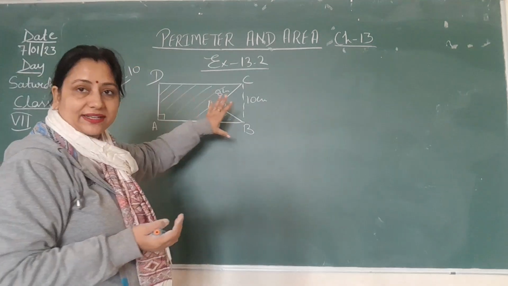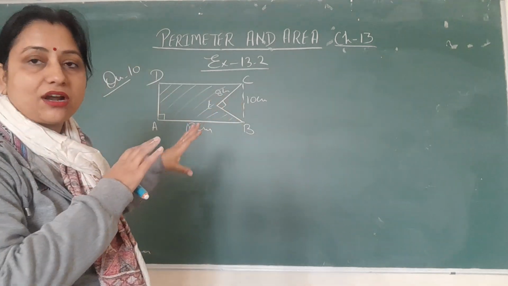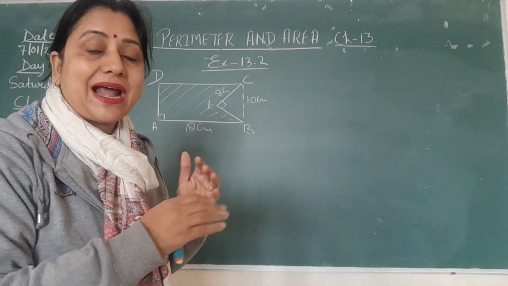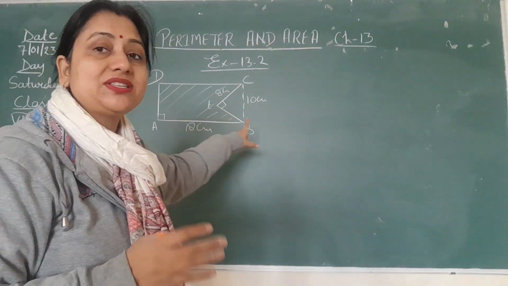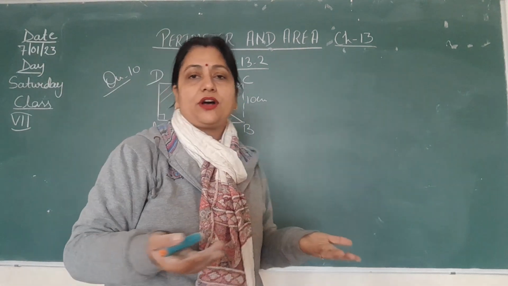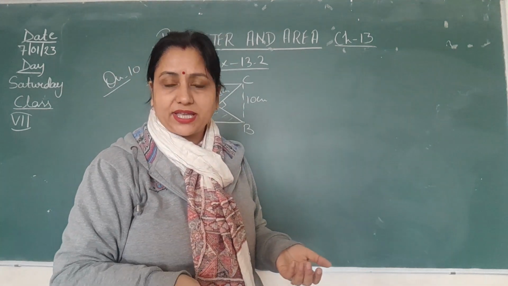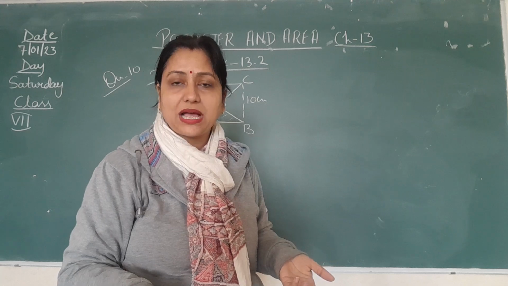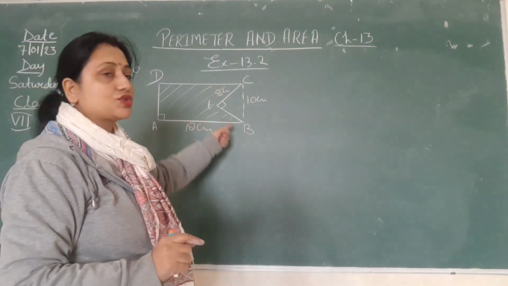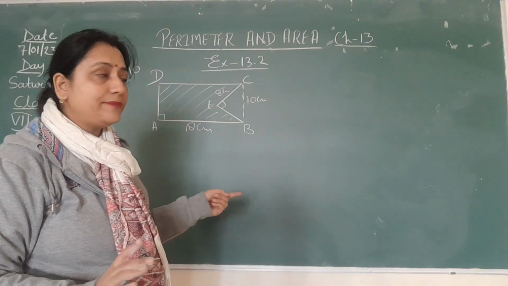We have to subtract. First of all, we find the area of this rectangle and subtract the area of this triangle. Area of rectangle is length into breadth, and area of triangle is 1 upon 2 base into height.